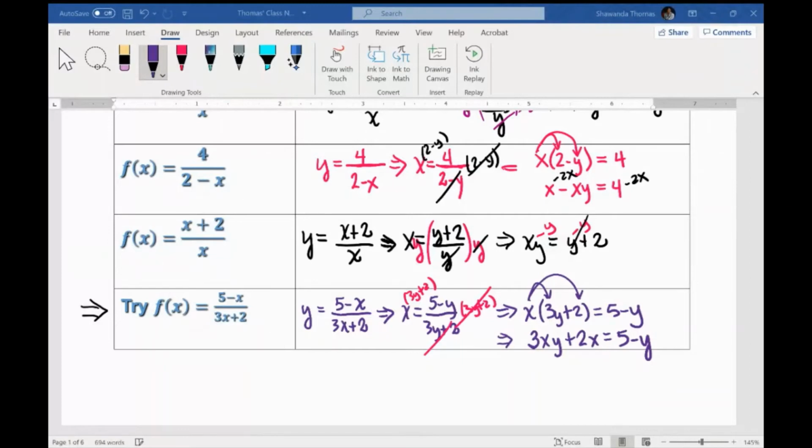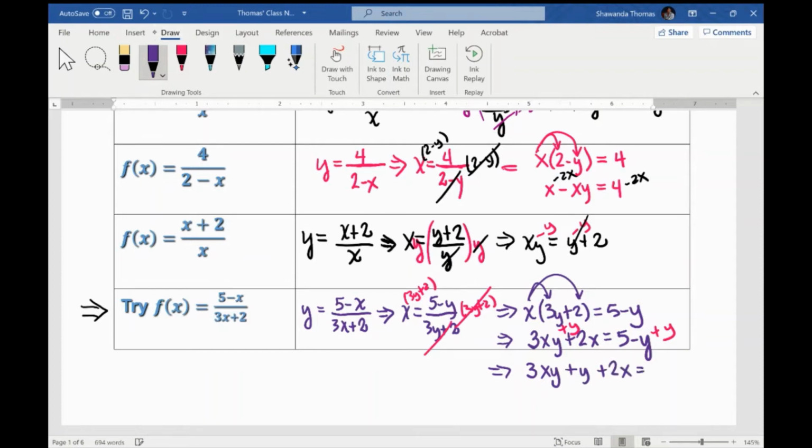Now you get y by itself. You've got to add the y. Okay, let's add the y. What are you trying to do? Why did you say add y, Kenneth? Because I had to isolate it. All right, good job.